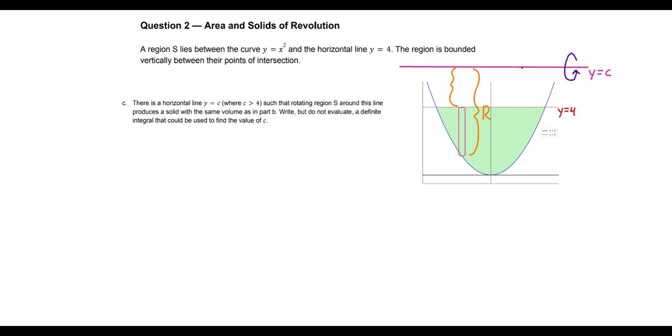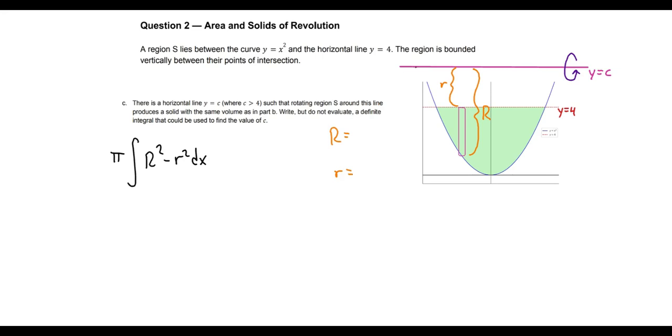And then we'll try to find the distance from the axis of rotation to the closest point of the rectangle, and that'll be little r here. Once we figure that out, we will plug that into our formula for the washer method over here, R squared minus r squared. All right, so remember what I said last time. You want to think about these like we did in part A, top minus bottom.